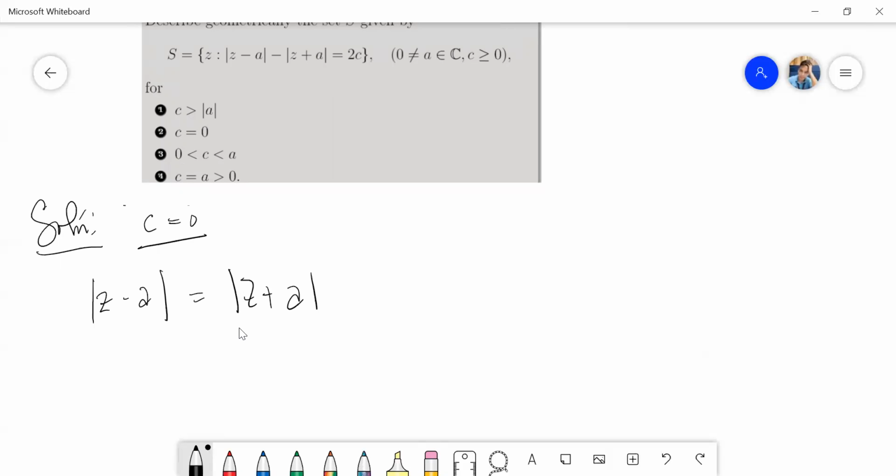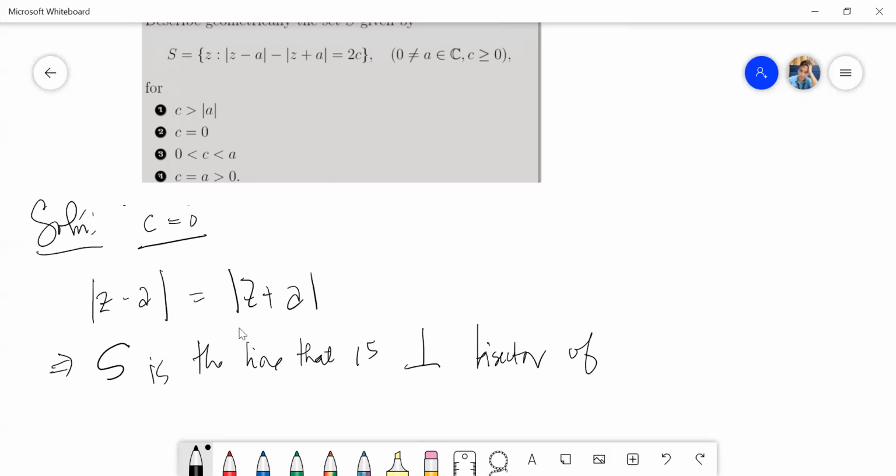So what does it mean? This S here is already a line. So your S is the line that is the perpendicular bisector of the line joining A and negative A. Why?